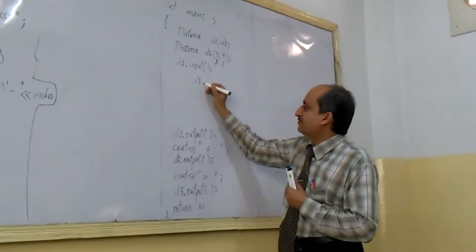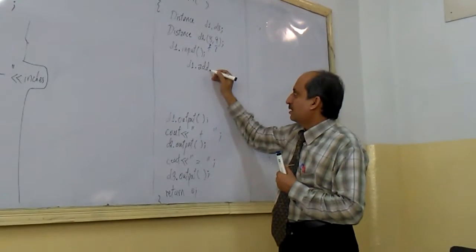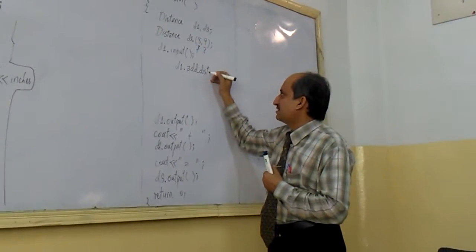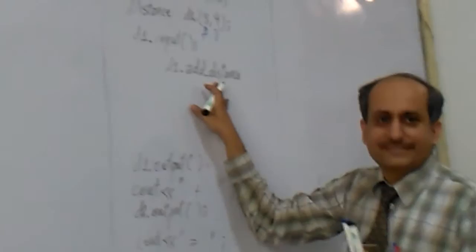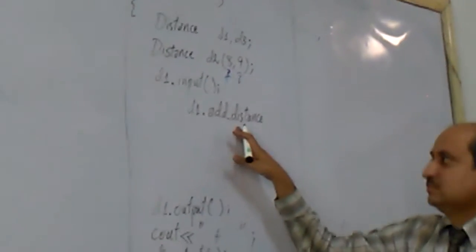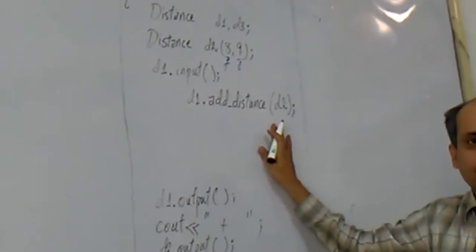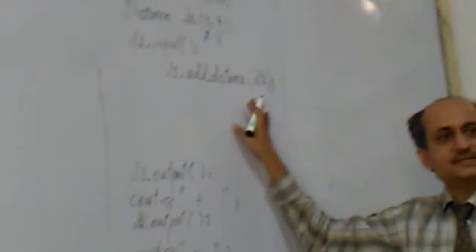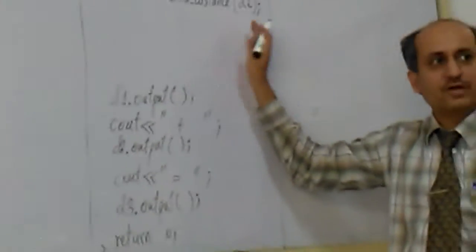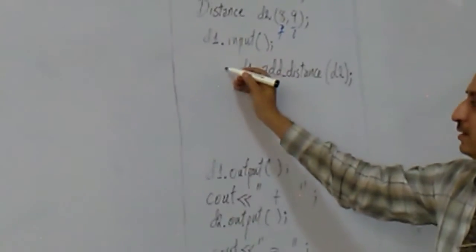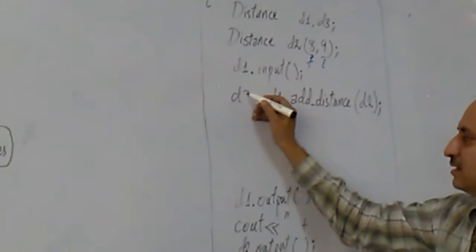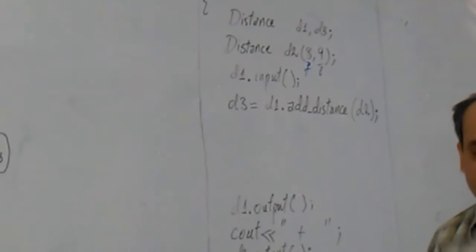We may call d1 dot add distance. It is a very meaningful symbol. And we may pass d2 to it: d1 dot add distance, and we are passing d2 to it. And our result will be returned and stored in d3.